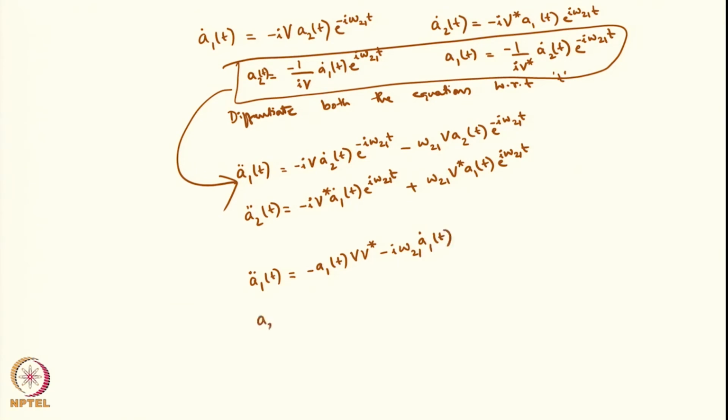Similarly, A2 double dot t is equal to minus A2 of t v star, plus I omega 21 A2 dot t.